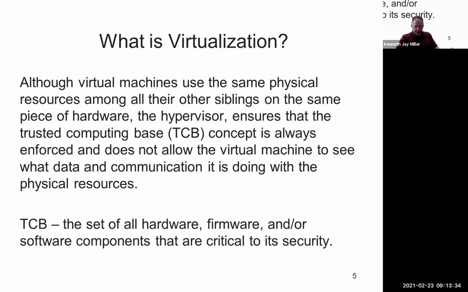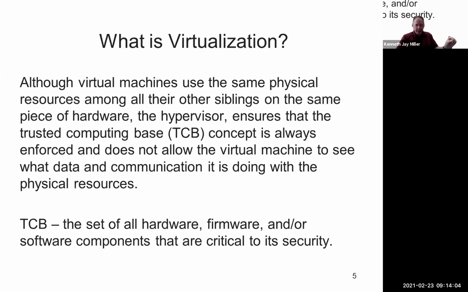So it's virtualized. And the way that does that is it uses what's known as the Trusted Computing Base, or the TCB. And that's a concept that allows the virtual machine to only see the data that is required by the virtual hardware of the virtual machine.